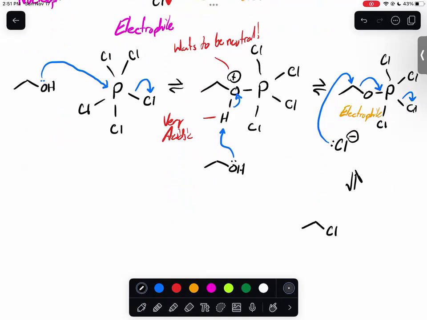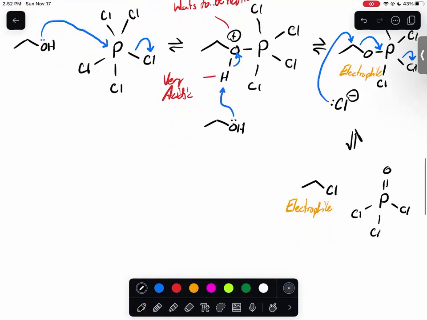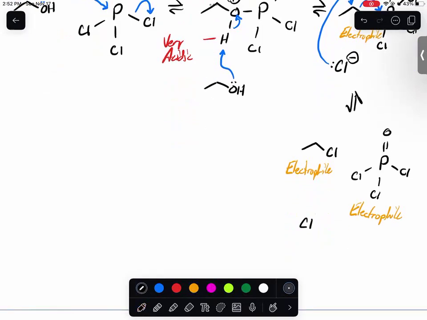Now then, once we've done this, we have essentially created a situation where we now have this alkyl chloride, which we know is an electrophile, right? And we've also created this phosphorus oxygen double bond with some chlorines hanging off of it. All right. If you look at this structure, you can say that this is also an electrophile, right? It still has those good leaving groups, and it still has the phosphorus with a large partial positive charge. The only other thing we have in solution at this point that matters is chloride.